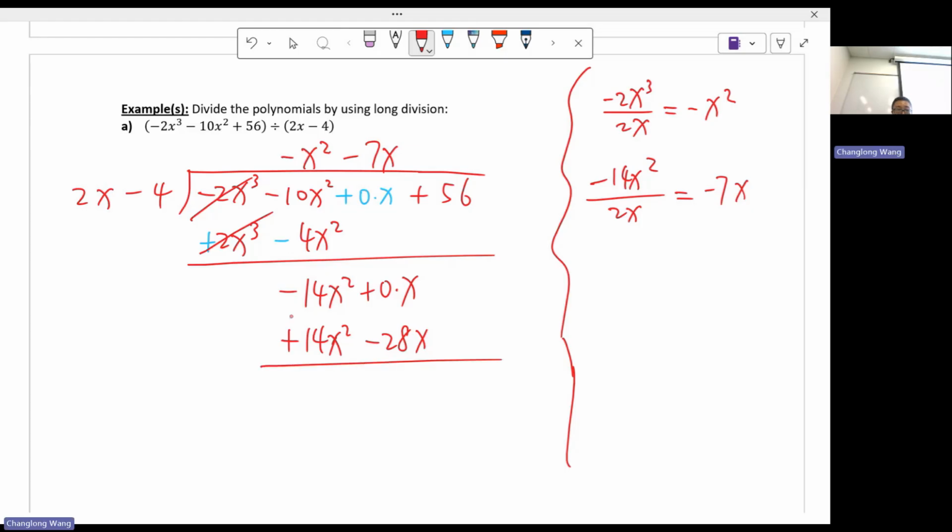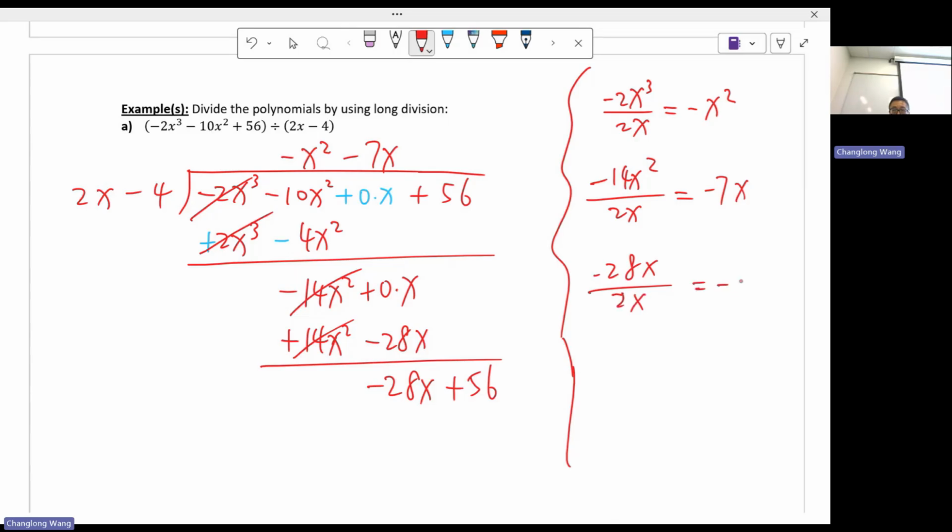All right, so now again, add up, right? The first two terms cancel, so left with 0 plus negative 28, so it will be still negative 28 with an x, right? Now bring down the last term, 56, right? Do it for one more round. Again, it's always about dividing the leading term by the leading term in the divisor.